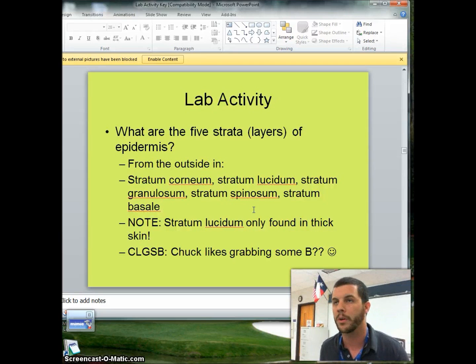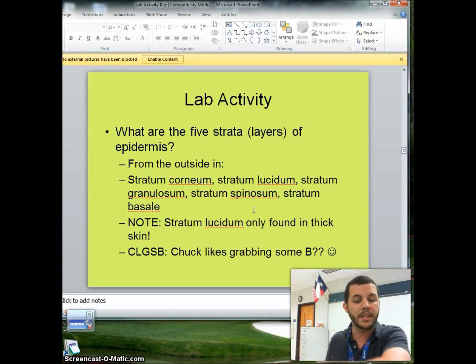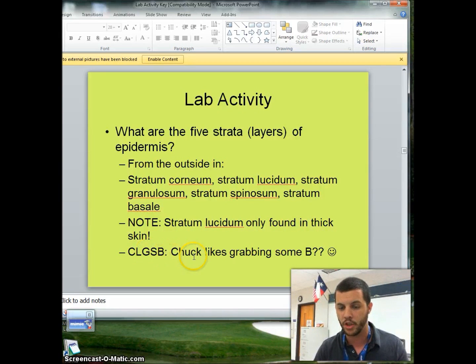Now, how in the world are we all going to remember the five strata in order? Corneum, lucidum, granulosum, spinosum, and basale. I like to use this little acronym here, CLGSB. Chuck likes grabbing some, and then something that starts with B. I bet you can come up with something fun.